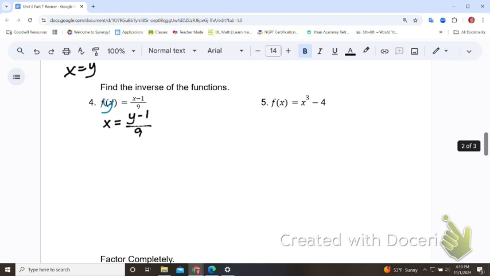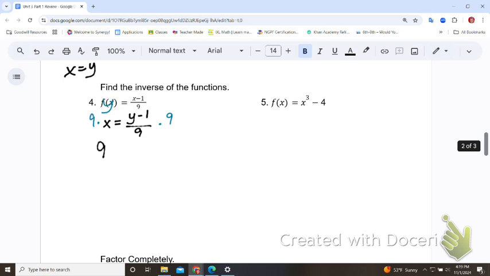And then at this point, remember, you want to do everything that has to be done to get y by itself. So this probably feels a lot like if you were doing slope-intercept form or solving literal equations. So to undo the divide by 9, which is what has to happen first, I'm going to multiply by 9.